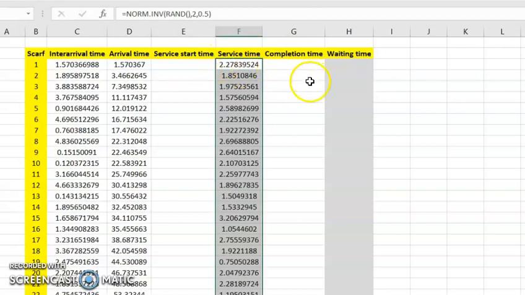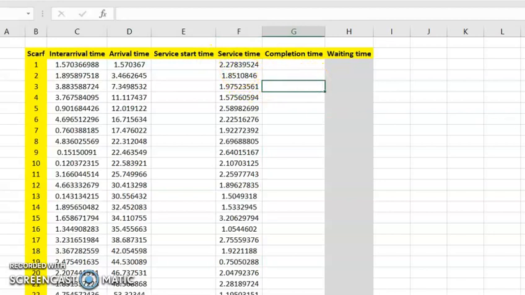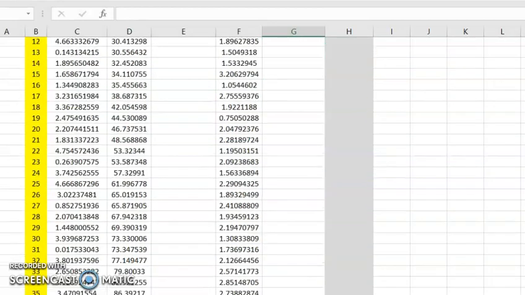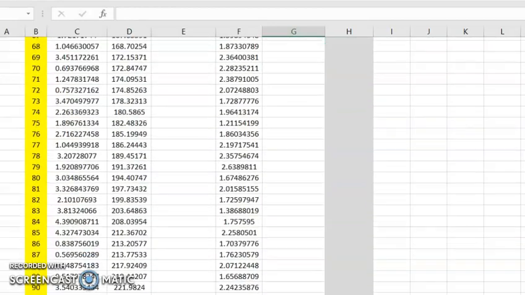Now we can populate the rest. And again, for the service time, if you check, it is not increasing because it's a random number. Most of the numbers are around 2, and when they get farther from the mean, which is 2, the associated probability decreases. And now here you can see the service time.